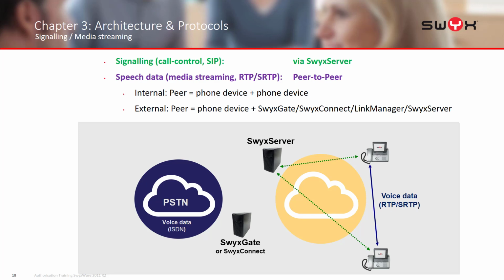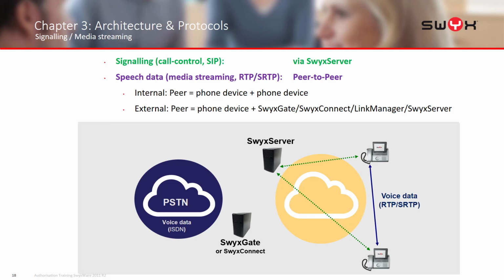There is no one network interface port on a Swyx installation that is being hammered with all that data, which gives us the scalability. We're not limited to just a couple of hundred extensions that some of our competitors are, because they're having to proxy all the audio and do all the processing via a central unit, and you get quality issues with packet collision and loss and things like that.